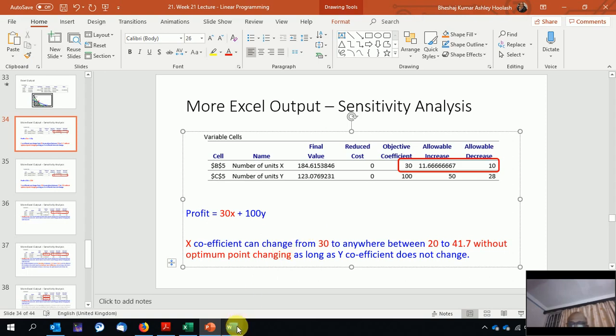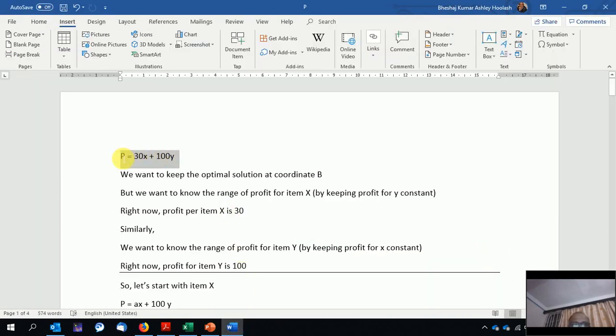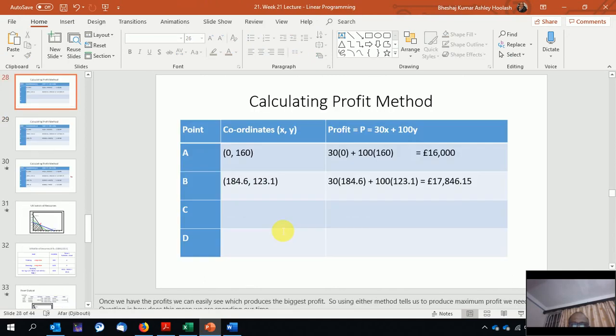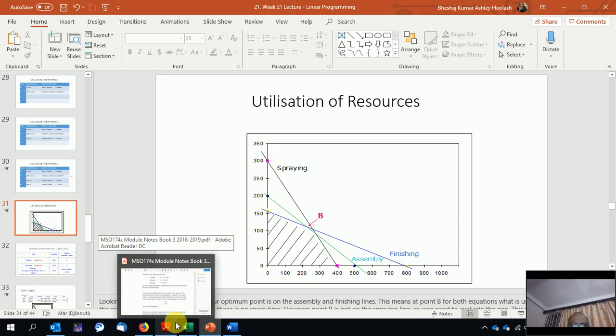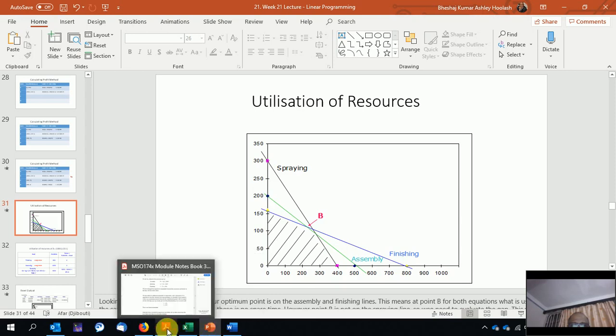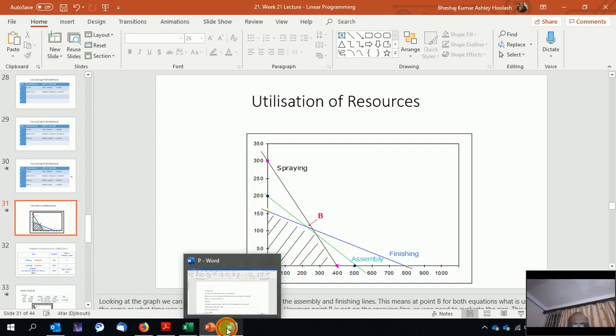So this is how we started, and we want to see how much it goes up or down for 30, and similarly how much the 100 goes up or down, but bear in mind that we want to keep the optimal solution at B. So whatever we do here, the optimal solution at B should not change. That's what the sensitivity analysis means, and you can't do both together. You have to do them one at a time.